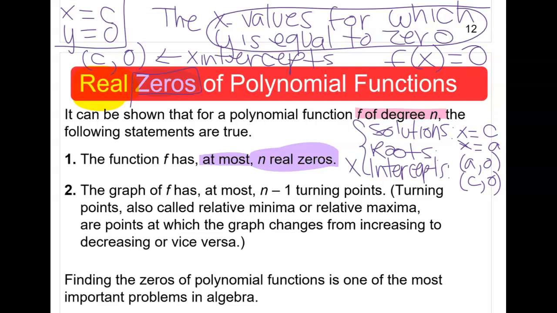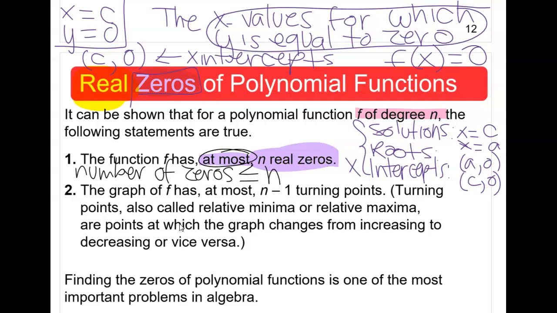So the number of zeros could be less than or equal to n. That's what the word at most represents. The most number of zeros is n. So the other possible number of zeros needs to be less than that. It cannot go past.